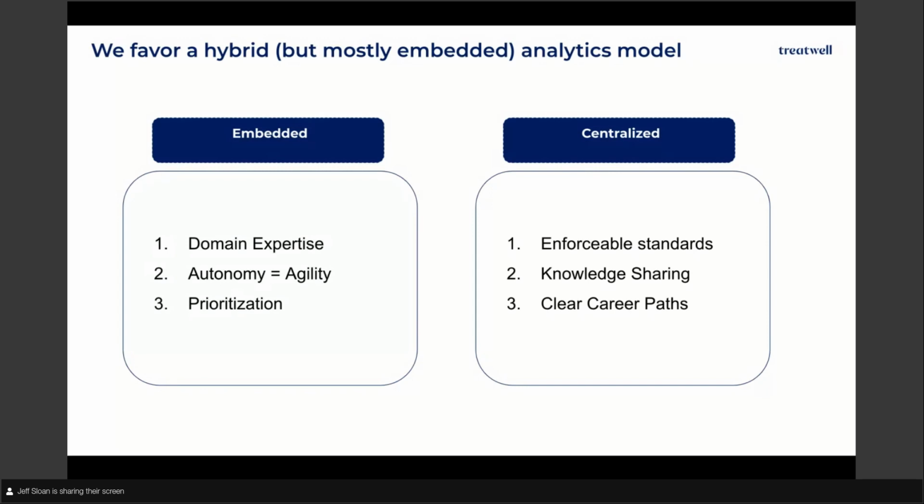The benefits of the embedded model are that analysts and product teams are able to develop a deep domain expertise in their users, in their data, and how to leverage both of these for innovation by having all of the resources, human resources and skills within the team.